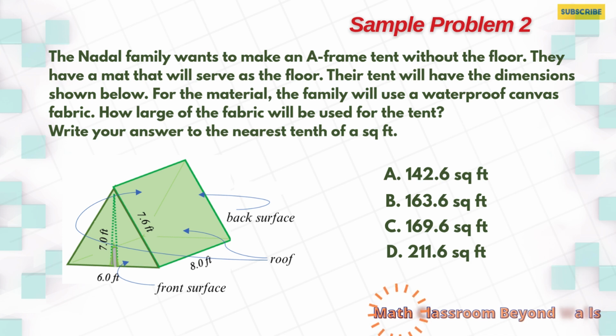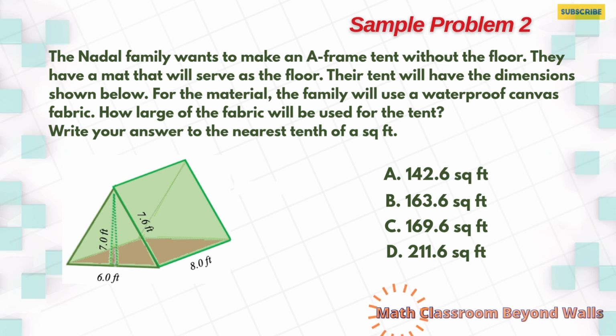This shape is similar to a triangular prism with the absence of one lateral face, the face where the tent is sitting on, the ground. Because it has the shape of the triangular prism, we will use here the formula for the total surface area of the triangular prism in solving the problem.